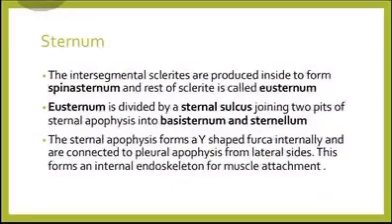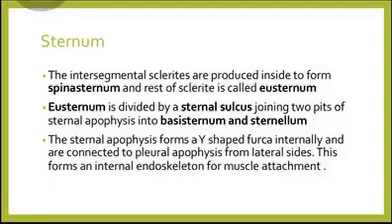Then coming to the ventral plate, that is the sternum. The sternum is produced inside in form of a spine, and that is called as spina sternum, and the rest of the sternum which is visible ventrally is called as eusternum.